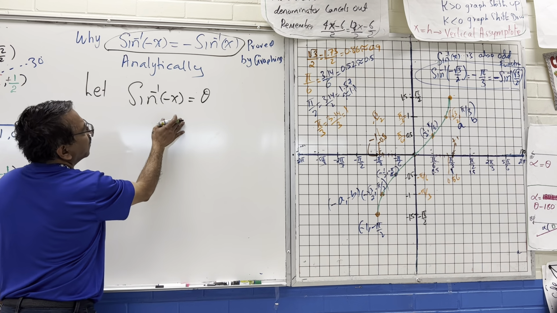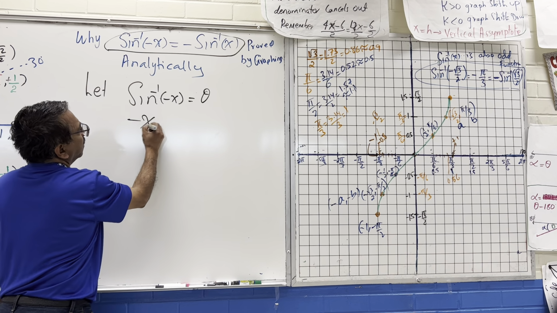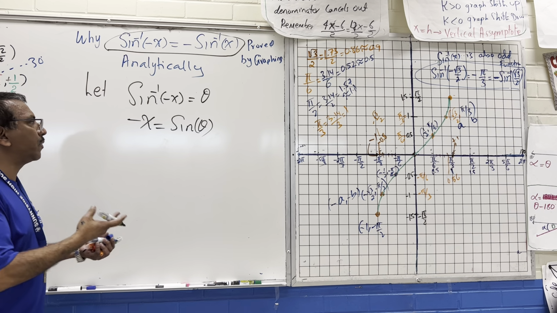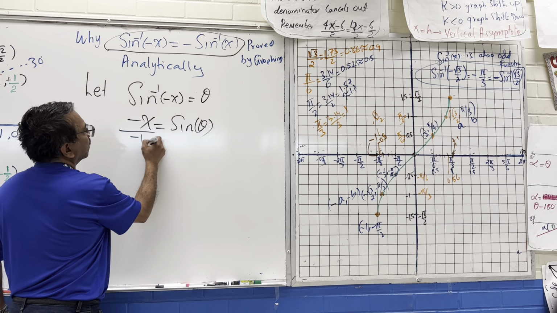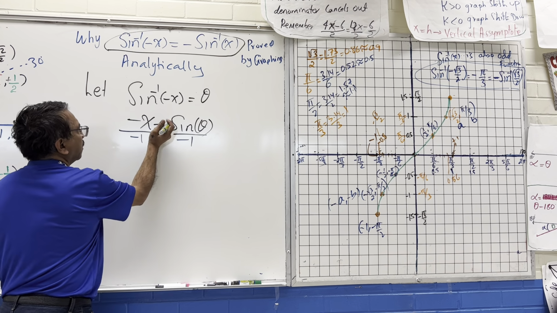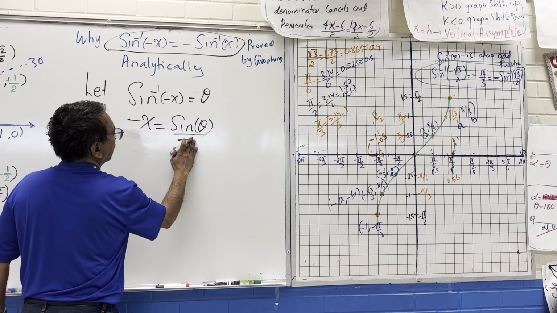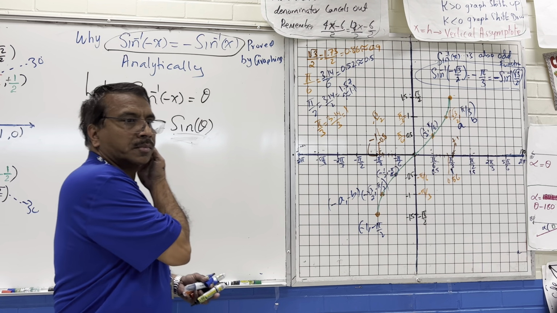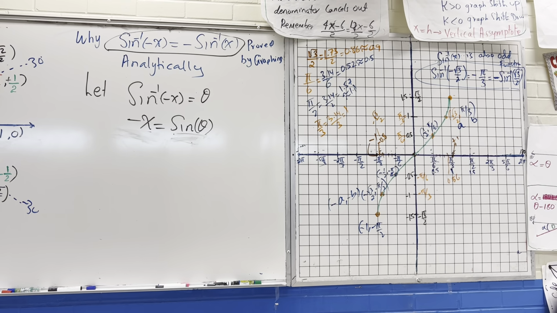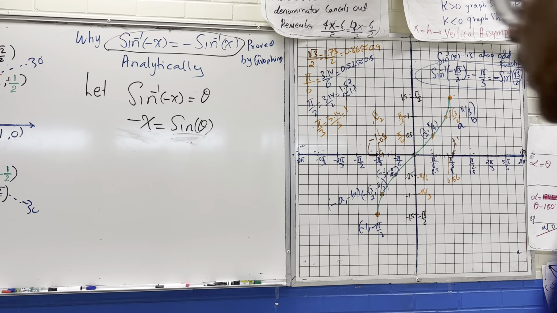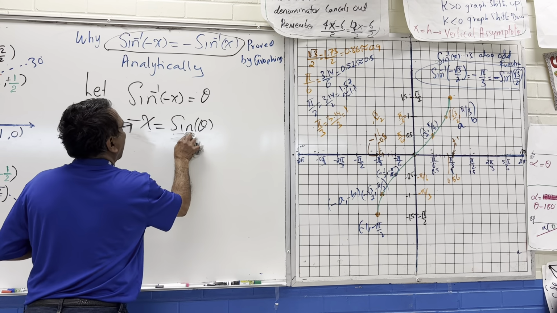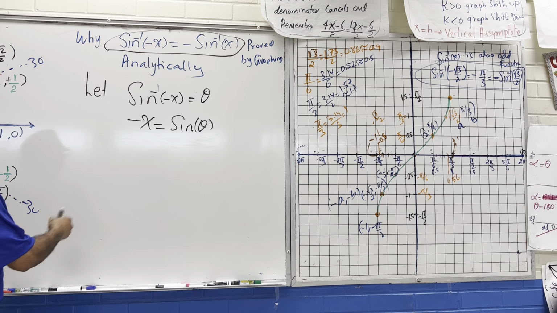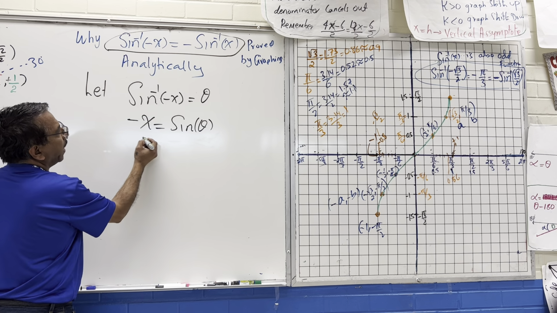Then by the definition of sine inverse, -x equals sine of theta. Then instead of dividing, just multiply by -1 on both sides.